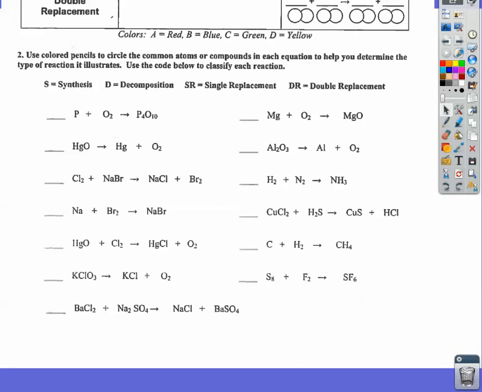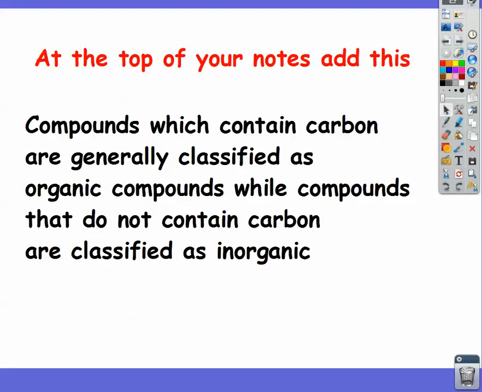Maybe you might look at it a little bit in high school, but we just want to know really, really simple, and it's not totally accurate, that compounds that contain carbon are generally going to be classified as organic compounds, while compounds that do not contain carbon are classified as inorganic compounds.